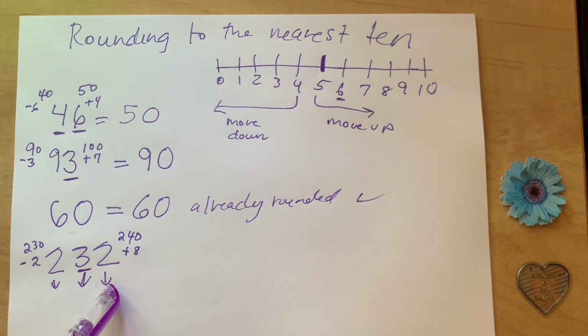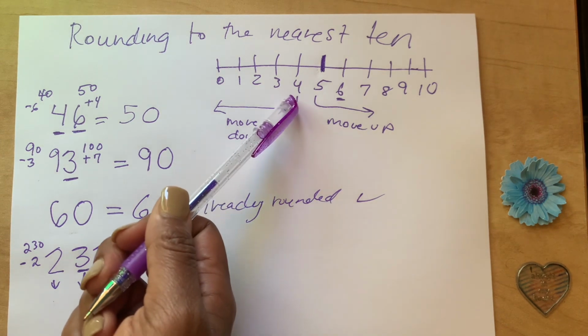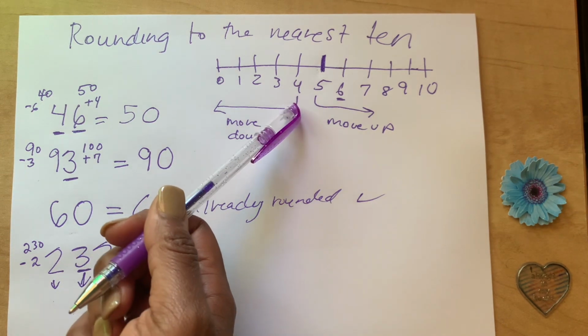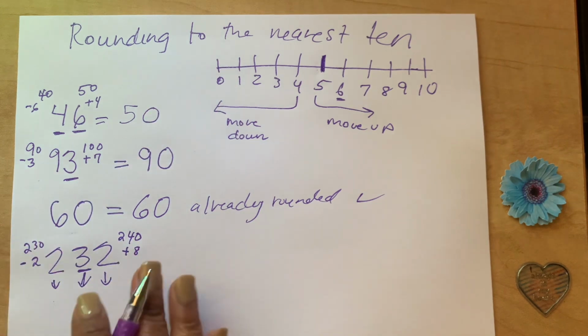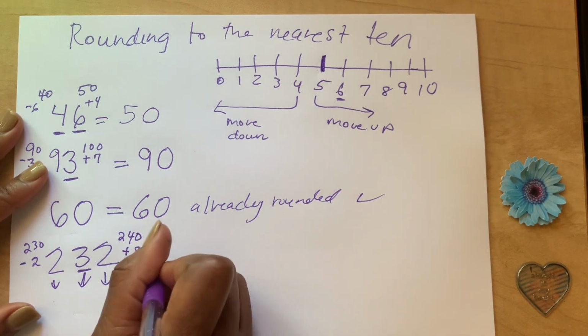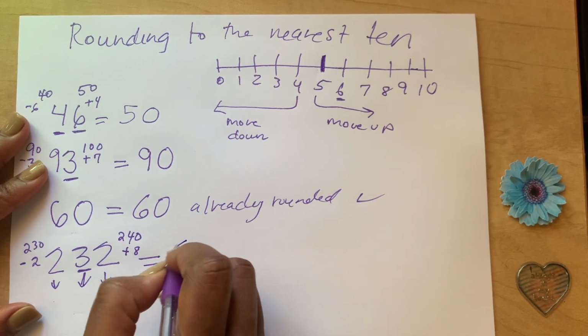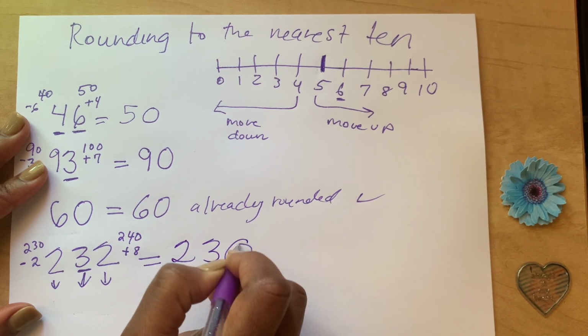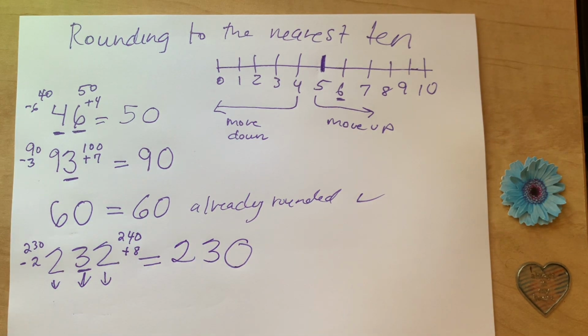It's a 2. So remember, according to the chart, with our 4 or less, we move down. So 232 rounded to the nearest 10 is 230. That's it. I'll see you on the next one.